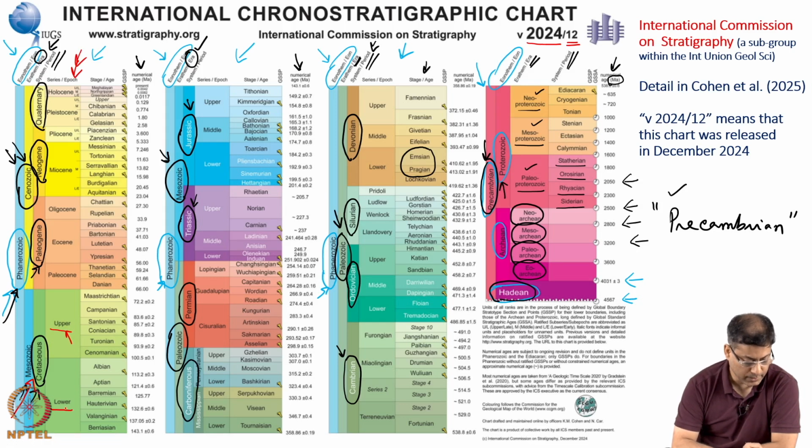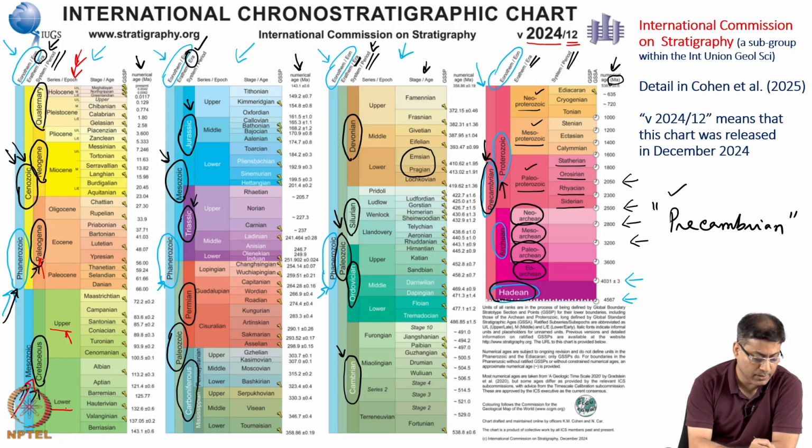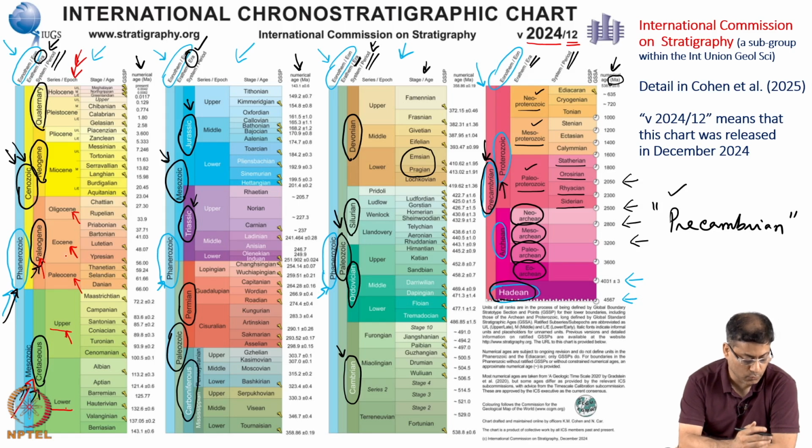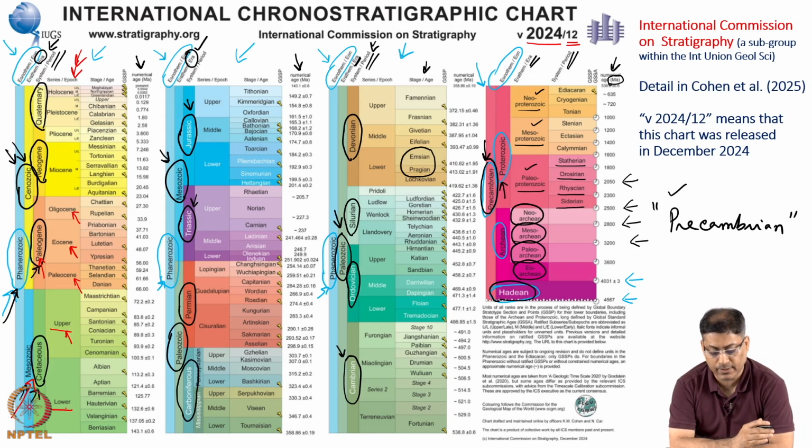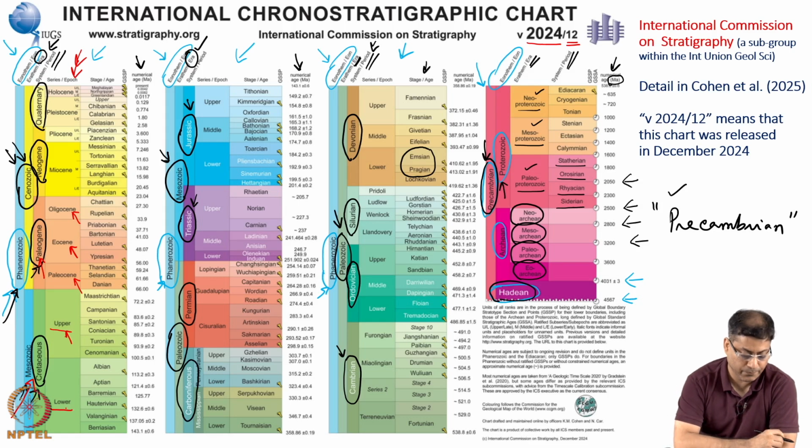Now, you see that lower and upper has been made over here, but not at all the places periods are divided into lower and upper. For example, Paleogene period is divided into Paleocene, Eocene and Oligocene epoch. Here we do not say lower and upper. So, the way of classification, language wise, term wise, is non-uniform.